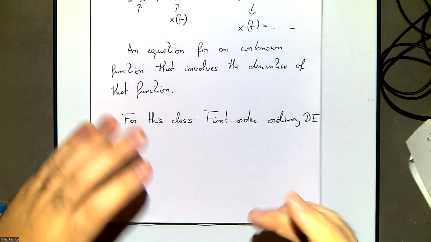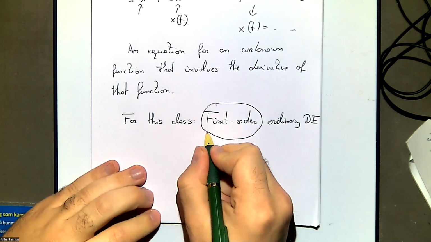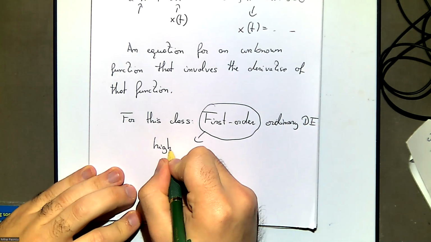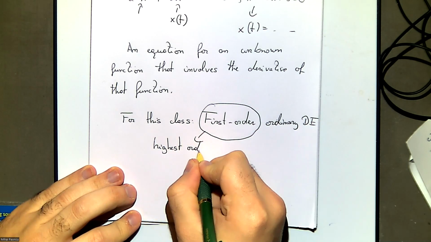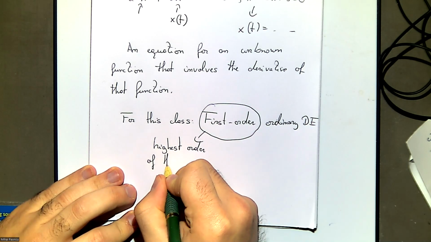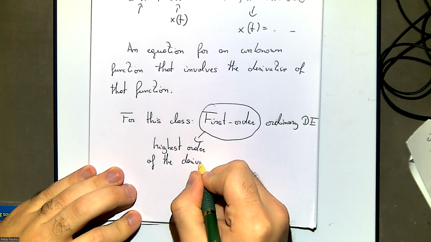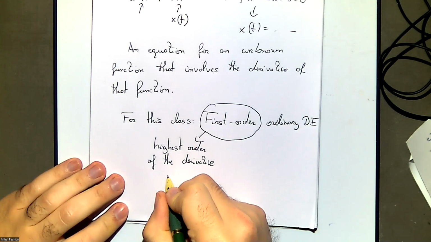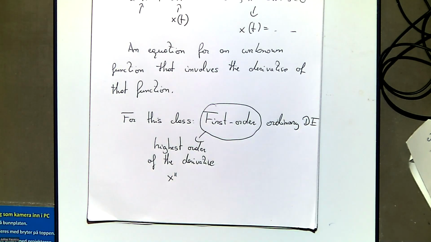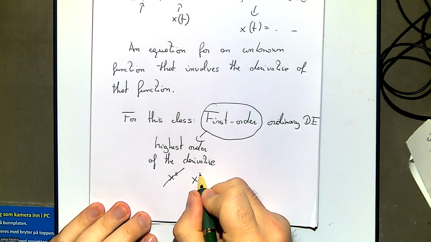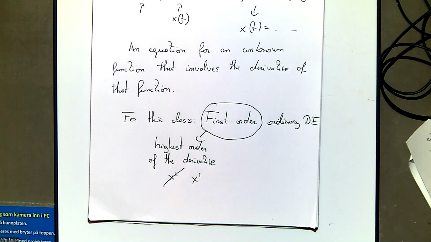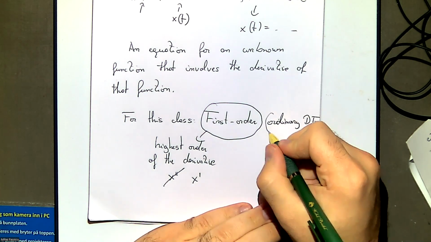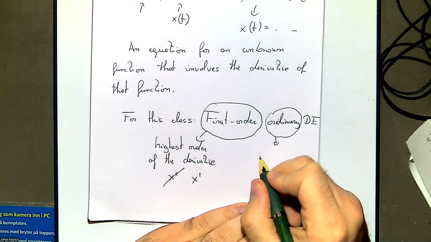First order. This is the highest order of the derivative, which you'll see. So if it's first order, it means you're not going to see x double prime, for example. Okay, you're not going to solve equations like that. You're only going to solve equations with x prime.